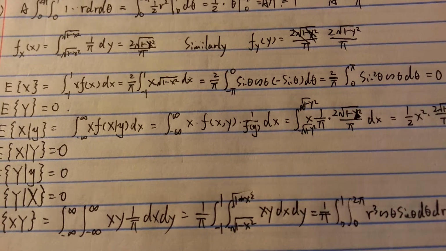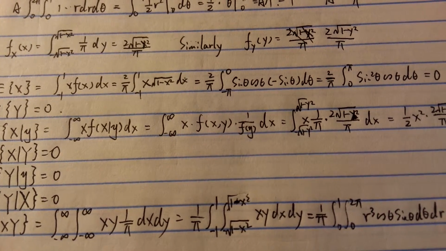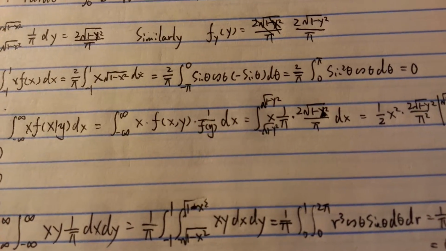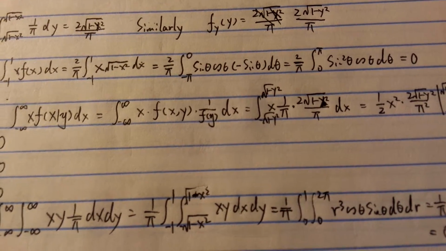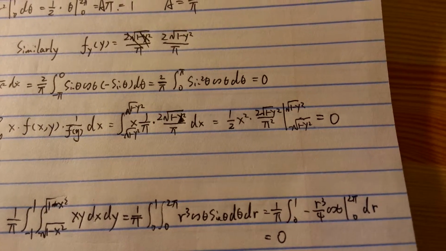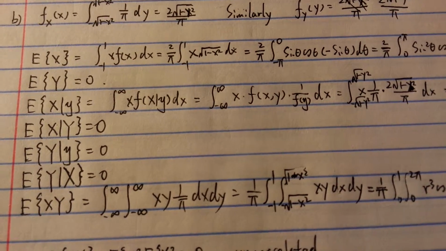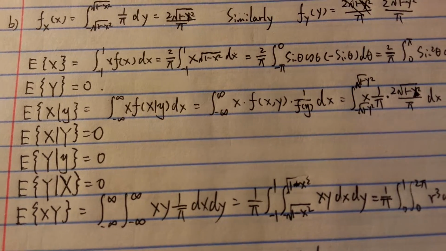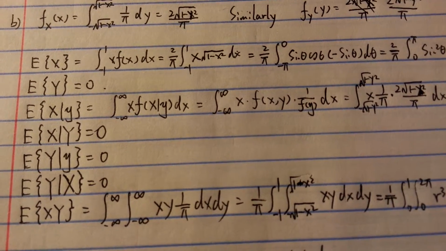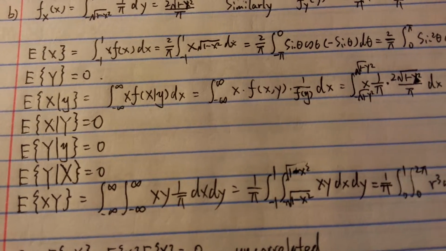What we need to integrate is x times the conditional density of x given y, which is x times the joint density of x and y over the density function of y. And what we get is also 0. Also, the expectation of x given the random variable Y is just substituting y with capital Y, so this time it is also equal to 0.